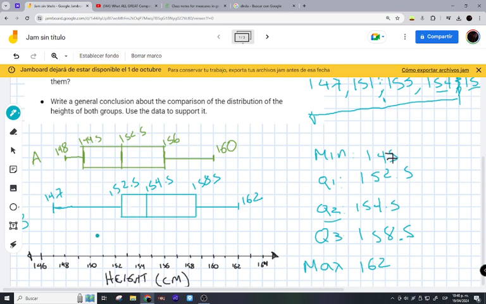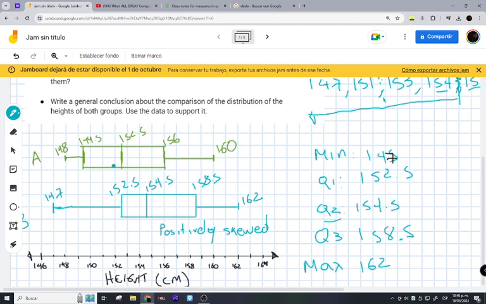Now, we can actually see that school B is positively skewed in comparison to school A. What does it mean?